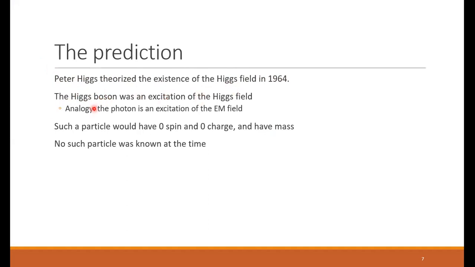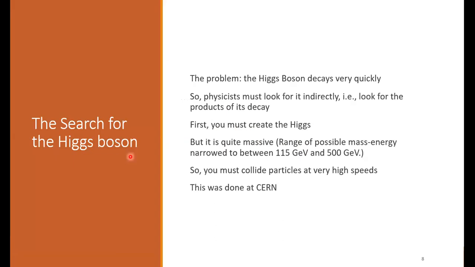So by analogy, we think of the photon being an excitation of the EM field. Those are both related concepts. So he predicted that such a particle would have 0 spin, 0 charge, and be massive. At the time, there was no such particle known. It was only a prediction, a theory based on the standard model.